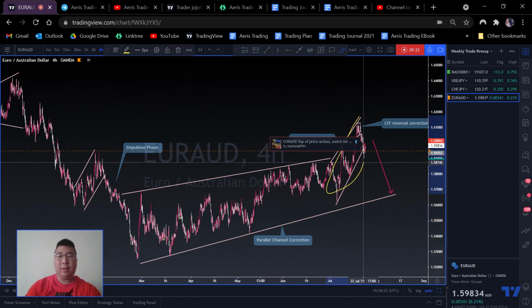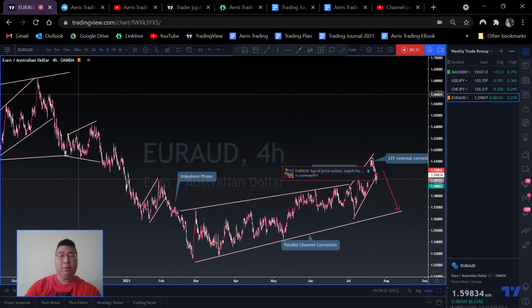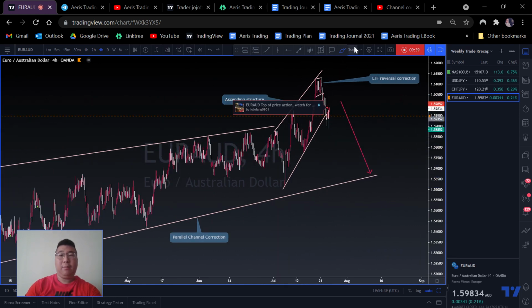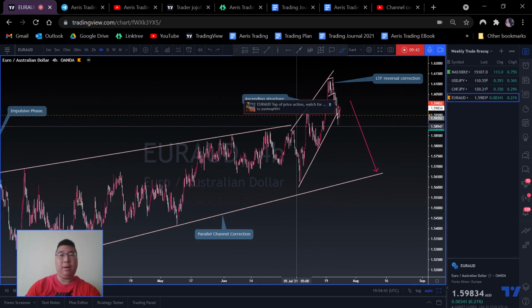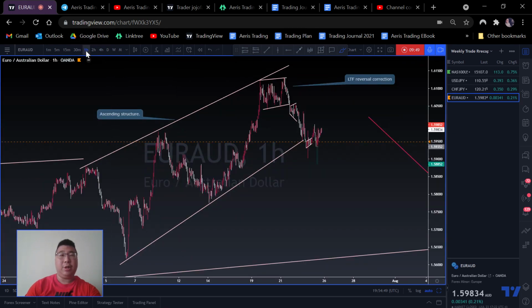Just because there is a corrective structure pushing out of this parallel channel doesn't void the fact that this is an overall consolidation period, consolidating this potential impulsive phase and looking for another impulsive move to the downside. I'll definitely make a workshop video explaining pattern separation and patterns within patterns, but this is a quick explanation.